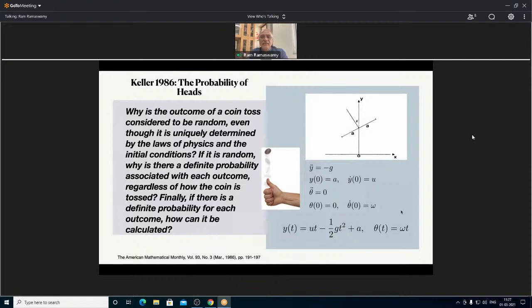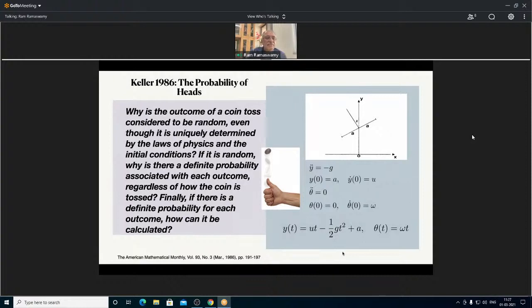Y is the height. And it says that the acceleration is just due to gravity and nothing else. If it starts out at a distance a from above the ground and with a velocity u, then it will spin depending on the angle theta. And okay, so it's just some mathematics which can be done.